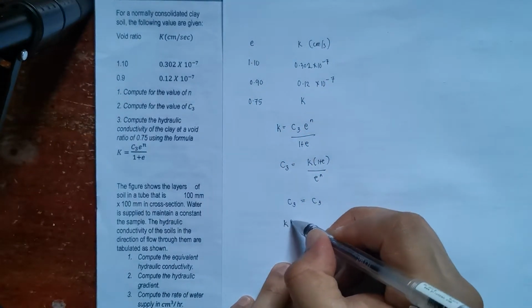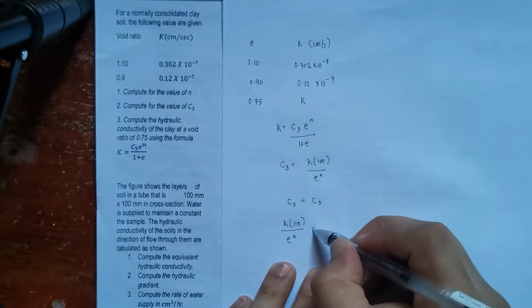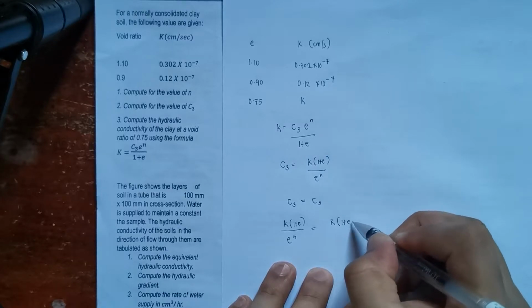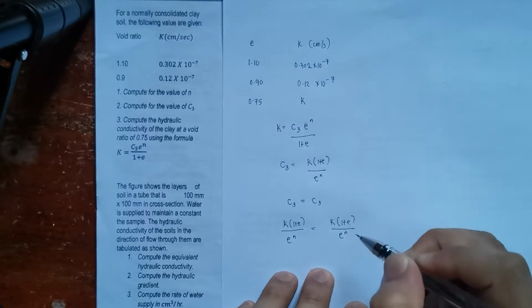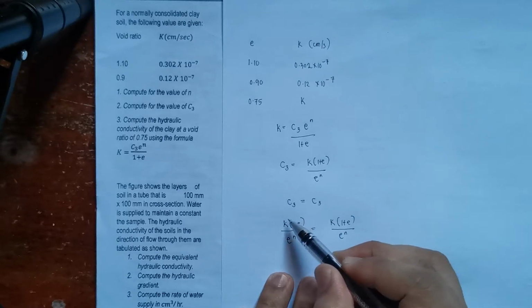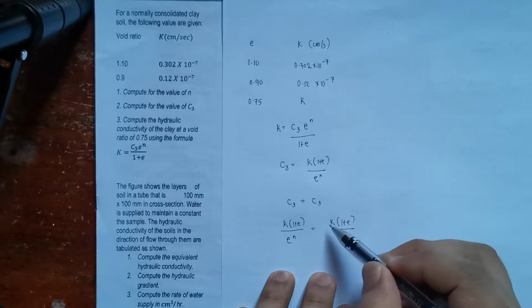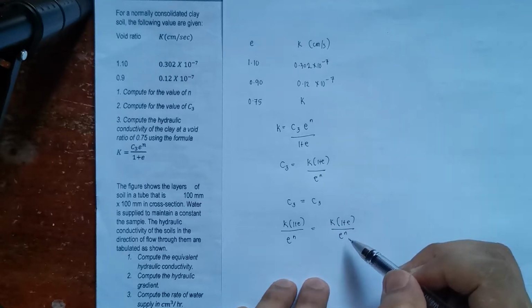But C3 is K (1 plus E) over E raised to N, equivalent to K (1 plus E) over E raised to N. This is for the parameter of a void ratio of 1.1, and this is for the parameters of the soil with a void ratio of 0.9.